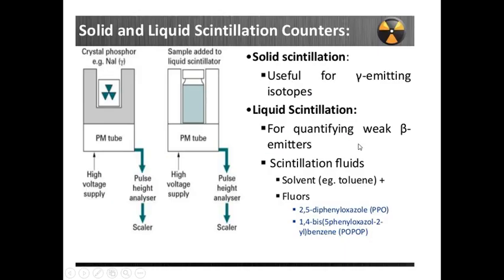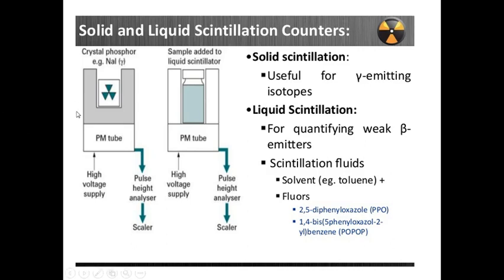Now dear student, there are two types of scintillation counter, depending upon the scintillation chamber. In one scintillation chamber we can keep the crystals directly, of phosphorus or sodium iodide.